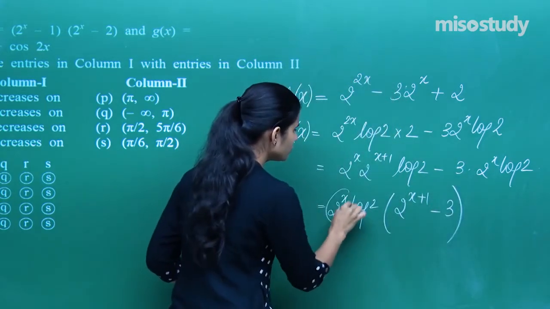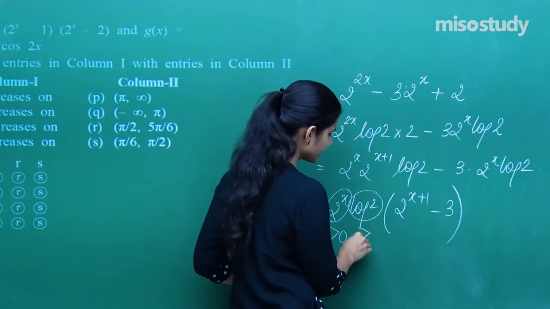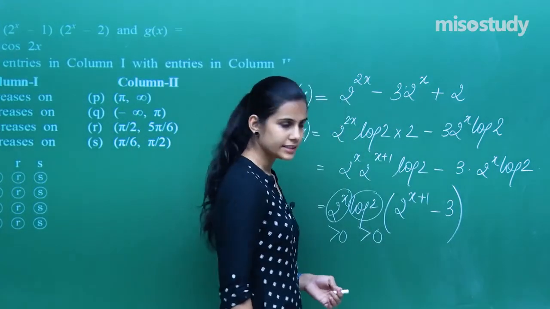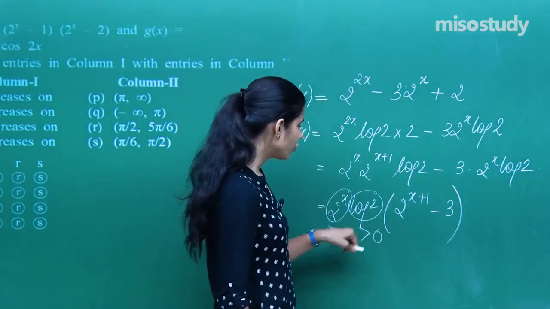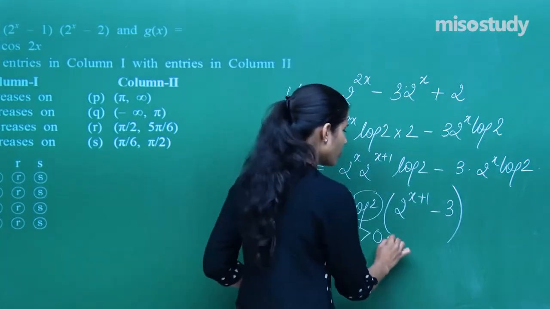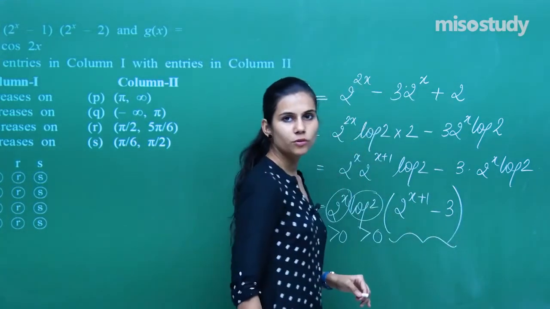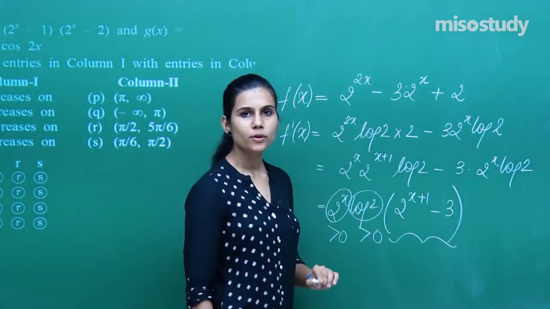You know that 2 to the power x is always positive, greater than 0. Yes, 2 to the power x is greater than 0, log 2 is always greater than 0. The moment this comes out to be greater than 0, I am going to get f dash x to be positive.